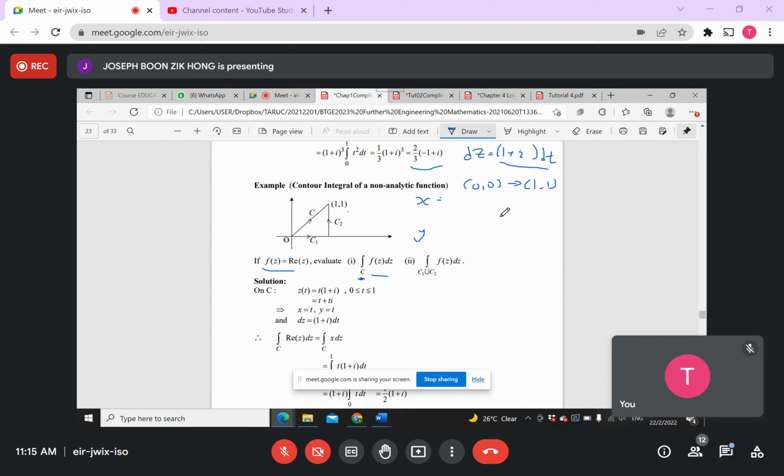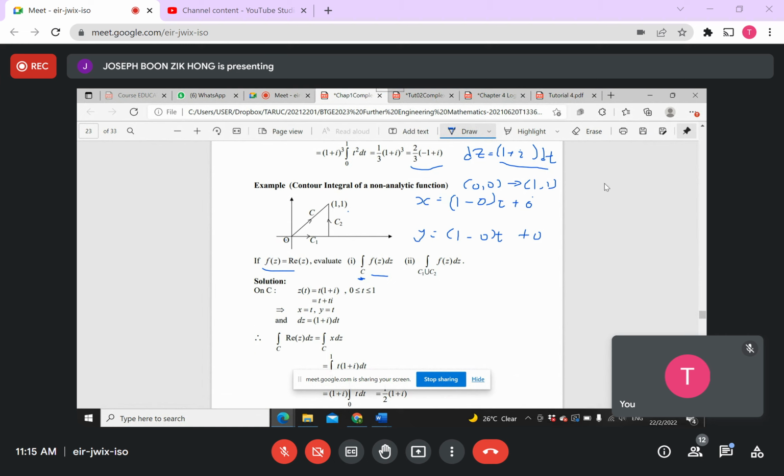Let me think a bit. It will be 1 minus 0, times t, plus 0. Y will also be 1 minus 0, times t, plus 0. Why this one?